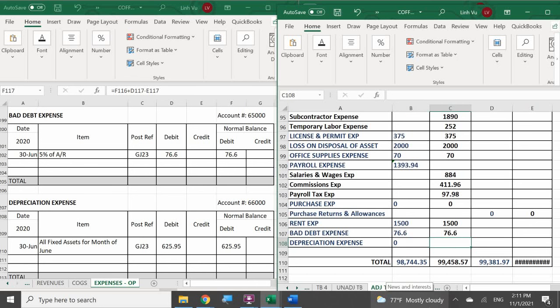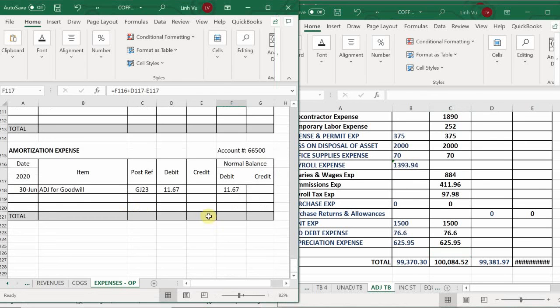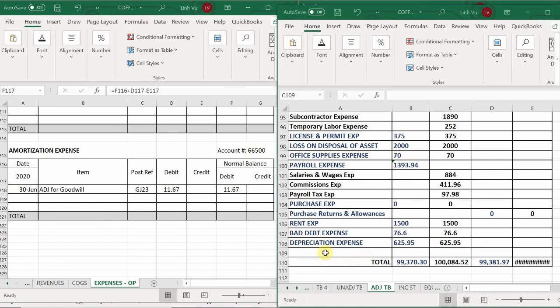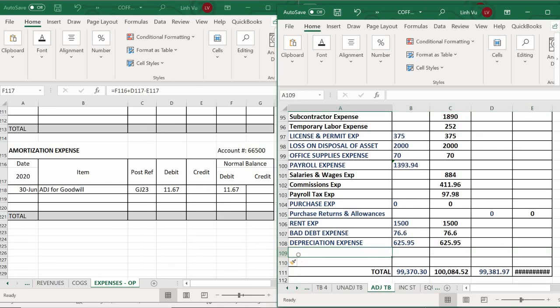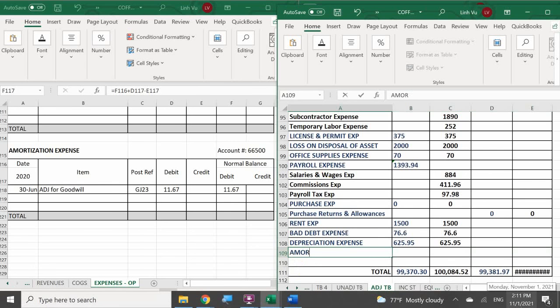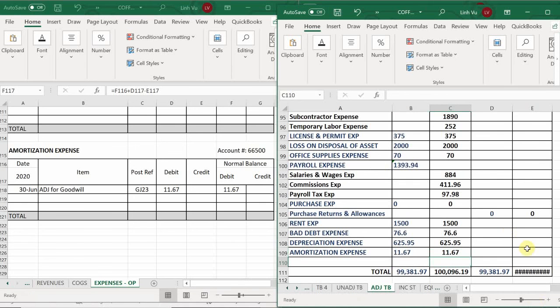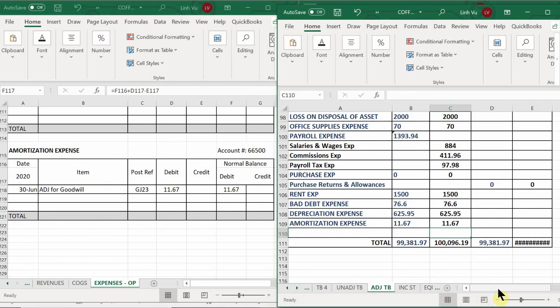For how much? 625.95. Okay, and then last but not least, how much is my amortization expense? 11.67. Yes. Okay.